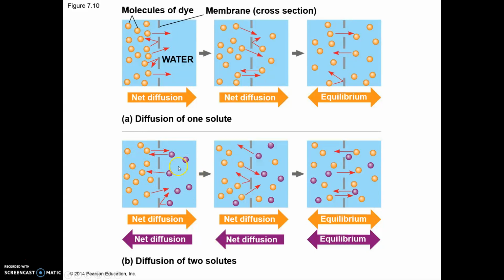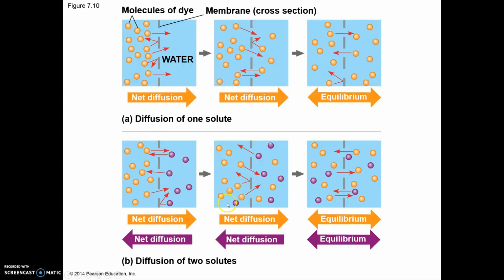The same thing is true over here in the opposite direction. So the likelihood of a purple going through is high because there are no purple molecules to move back. So over time, the purple molecules will try to move to this side, and the orange molecules will try and move to the other side.